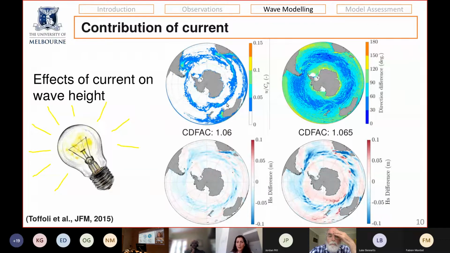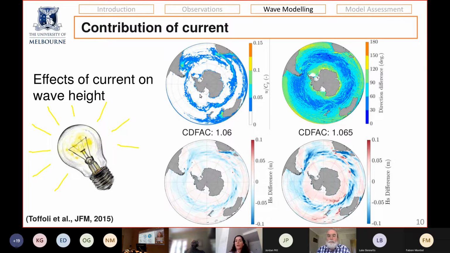As you can see, most of the time this ratio remains almost all the time below 0.1, meaning that the current speed is less than 10% of wave group velocity. And rarely does it exceed 0.05, meaning 5%, in these regions.